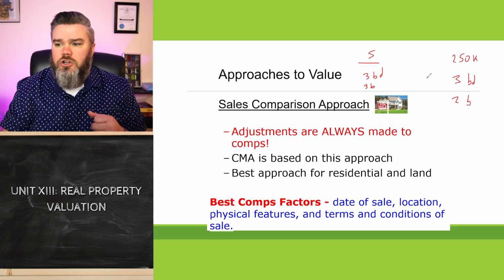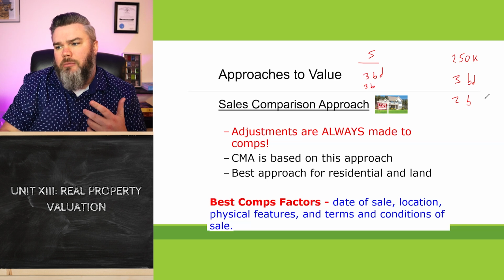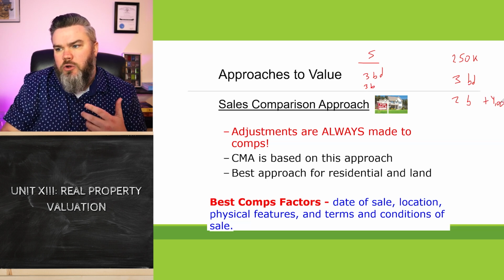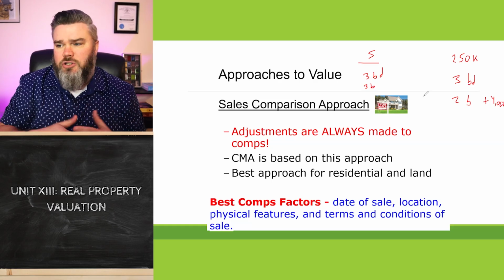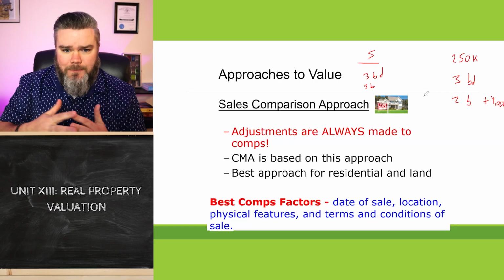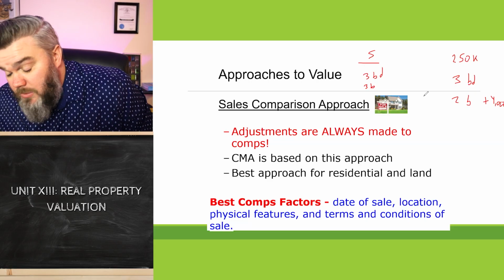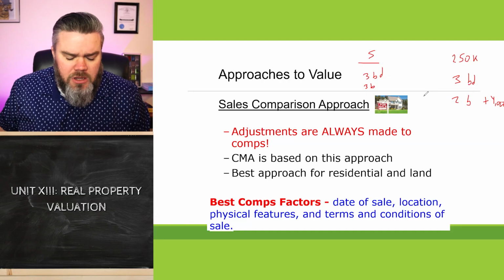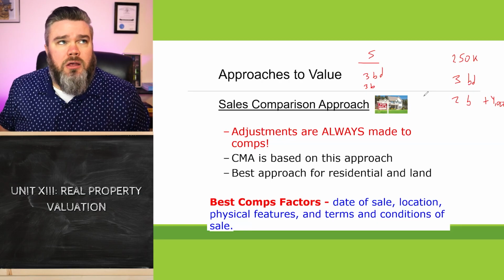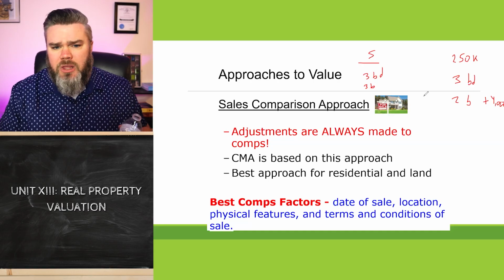And so we would make an adjustment and say, okay, well, if it had an extra bathroom, it probably would have sold for an extra $4,000. And we use that data to say, okay, well, this comparable adjusted would be about $254,000 if it had been identical to our subject property. And that's really it. We are making adjustments based on these features. And I told you, we really want to pick the comparable that has the fewest adjustments overall.